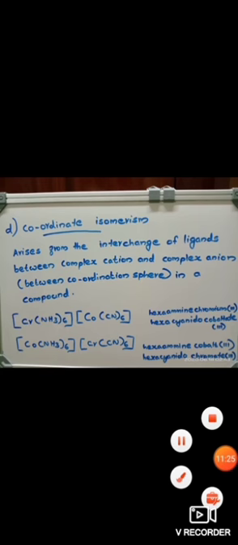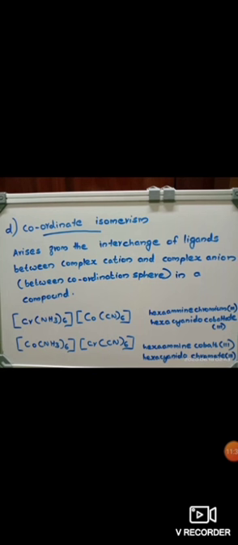So we can conclude that coordination compounds are showing 4 types of structural isomerism: ionization isomerism, hydrate isomerism, linkage isomerism, and coordination isomerism.